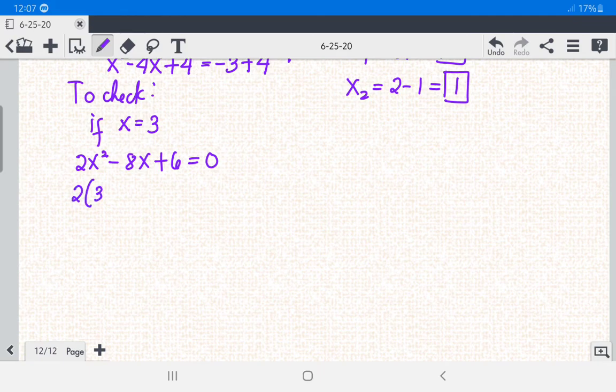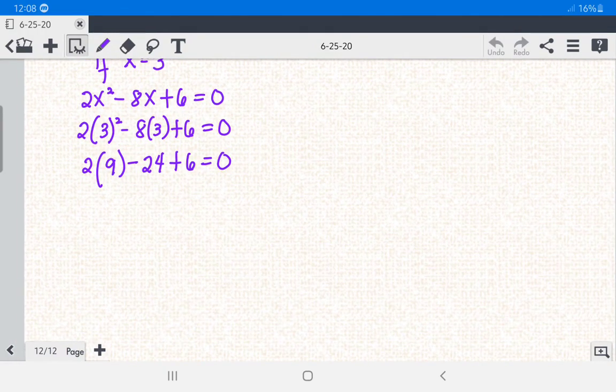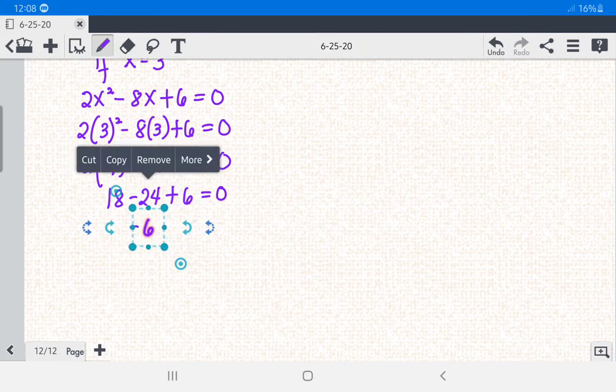Then 3 squared is 9. Then 8 times 3 is 24. Now, 2 times 9, we have 18. 18 minus 24 is negative 6. Then, plus 6 equals 0. Negative 6 plus 6, we have 0 equals 0.